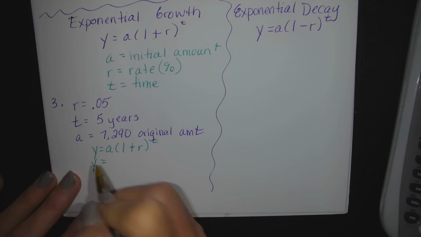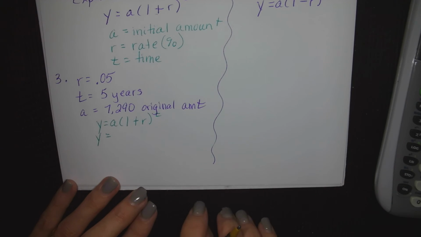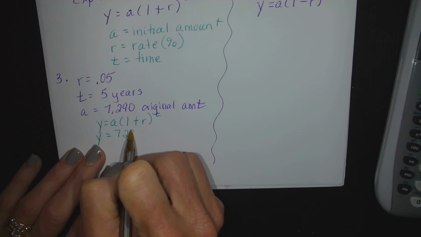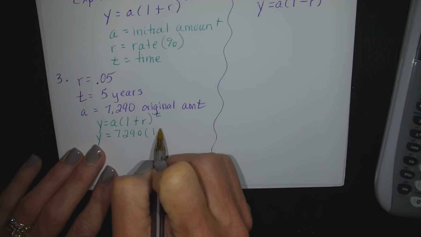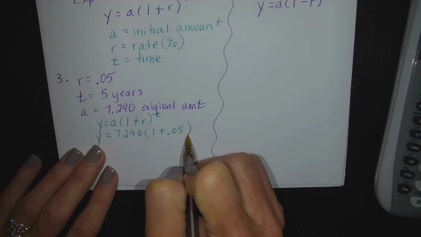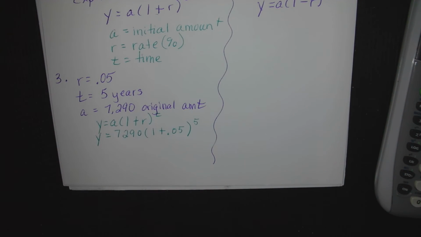And you just plug it in. A is 7,290, 1 plus 0.05 to the 5th power. And you just put all that in your calculator. Go ahead and do that now.